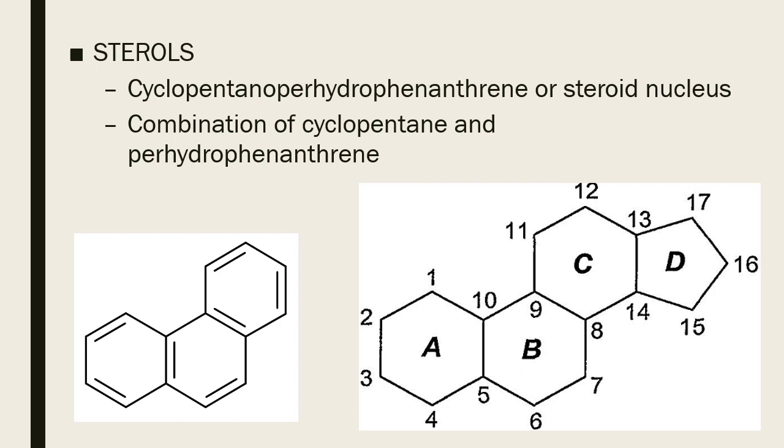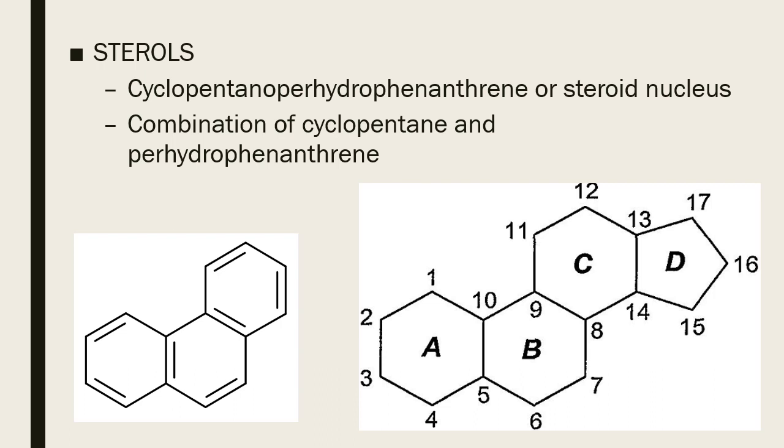Common to all your sterols is the cyclopentanoperhydrophenanthrin ring. This one is your steroid nucleus, which is a combination of your cyclopentane and your perhydrophenanthrin ring.